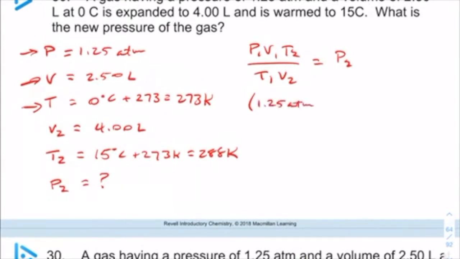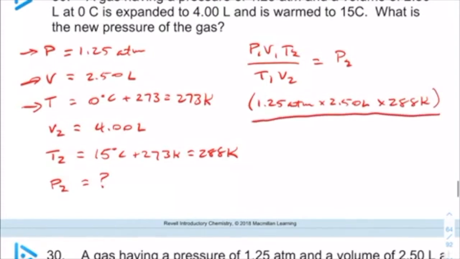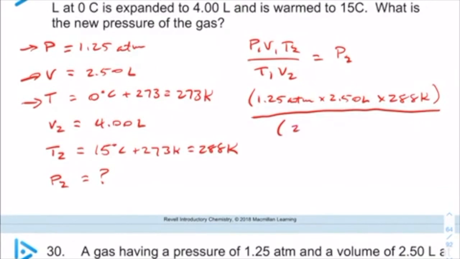So 1.25 ATM times 2.50 liters times 288 K. Make sure to put that all in parentheses because we're dividing by more than one thing, and we don't want to get order of operations out of whack. And when we correctly enter that in the calculator, we get an answer of 0.824 atmospheres.